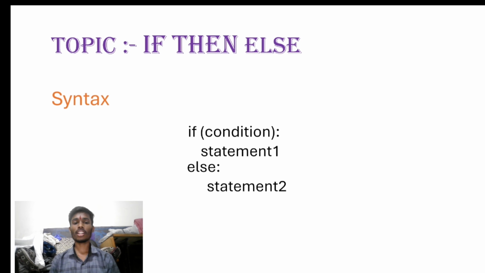You can see on the screen, here if is the word used for checking the condition, and the condition is always written in round brackets. That's why we have used the round bracket here. Statement 1 is executed when the condition is true, and statement 2 is executed when the condition is false.